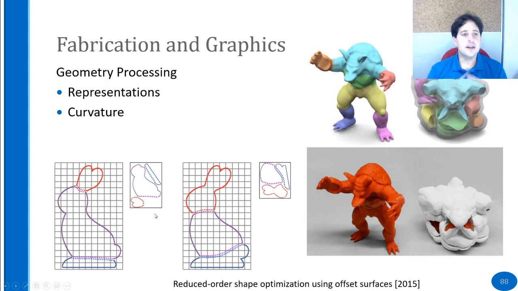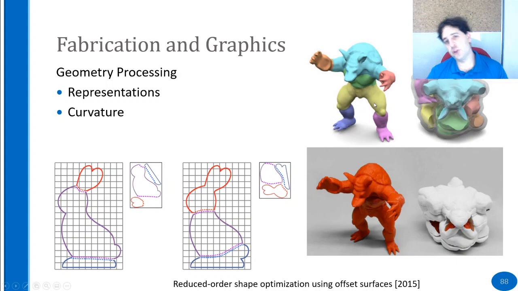Other than representations, there are other tools in geometry processing which are very relevant to the world of computational fabrication. For example, curvature, understanding saliencies in shapes, looking at the curvature of shapes. Here, this is a work that tries to pack a 3D printed object better.